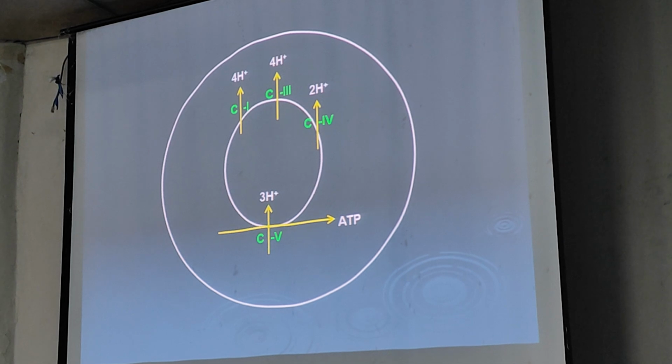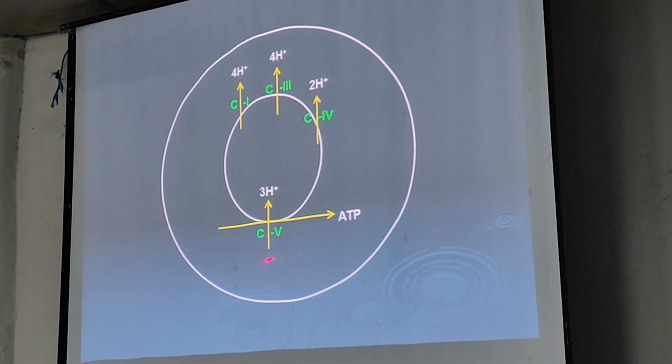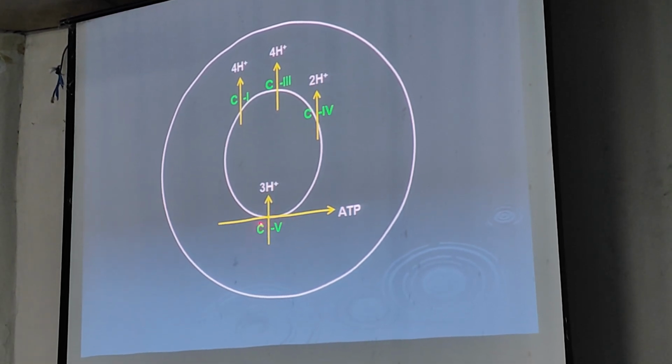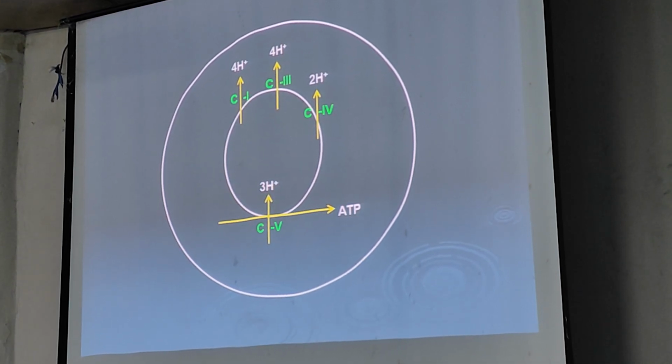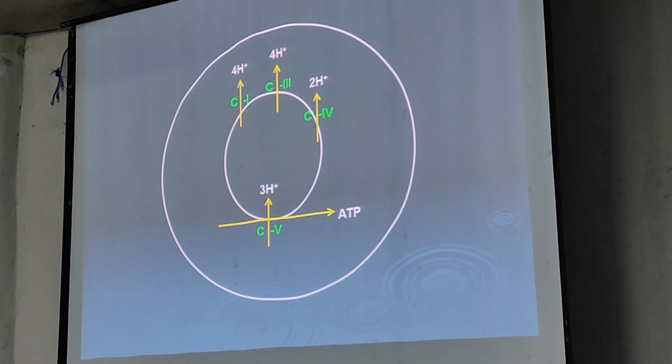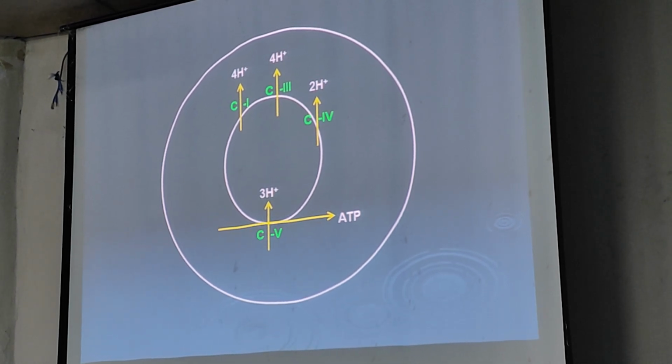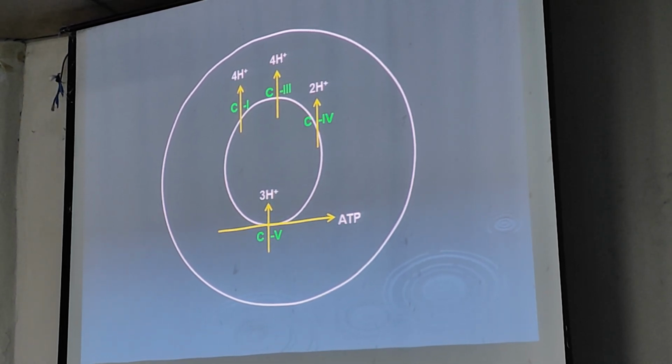Now subsequently, these protons from the intermembrane space try to diffuse again into the mitochondrial matrix through complex 5, and that complex 5 is known as the ATP synthase present in the mitochondrial membrane. ATP synthase.